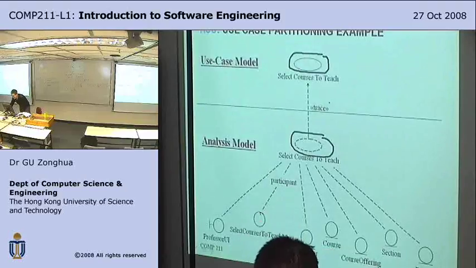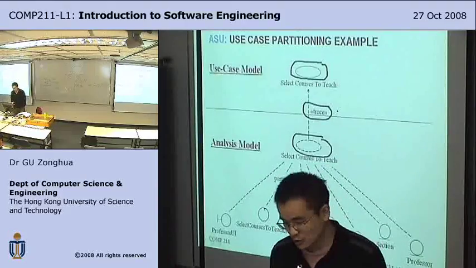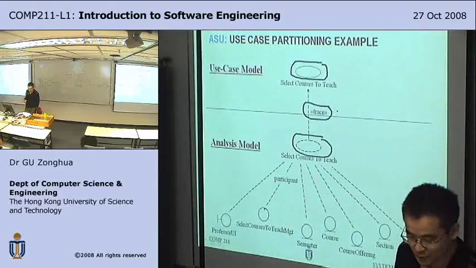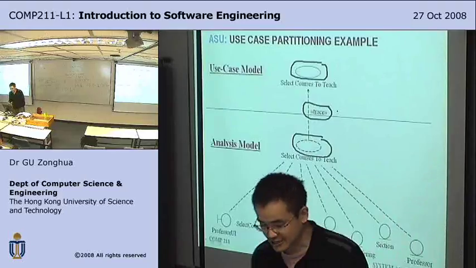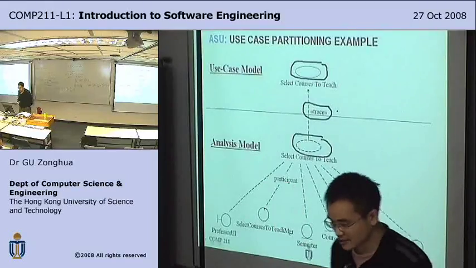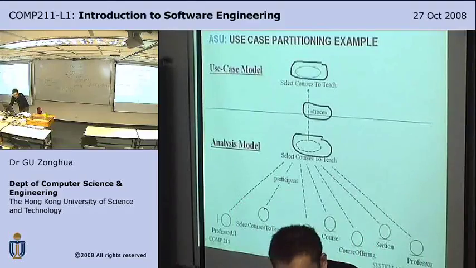There's a trace relationship between the use case realization and the use case, which means that you should be able to trace from the realization to the use case. It's the traceability between the analysis model and the use case model.